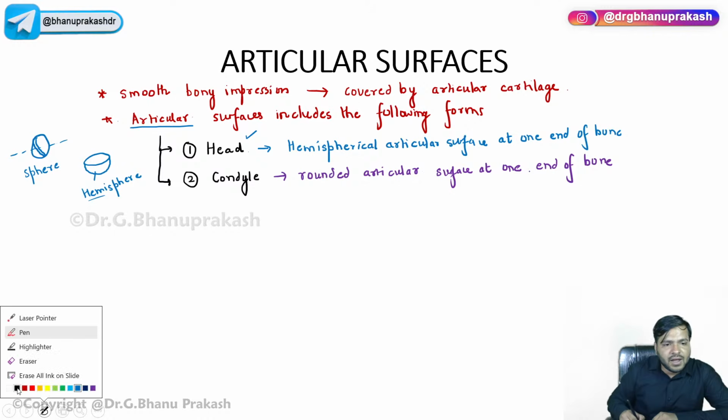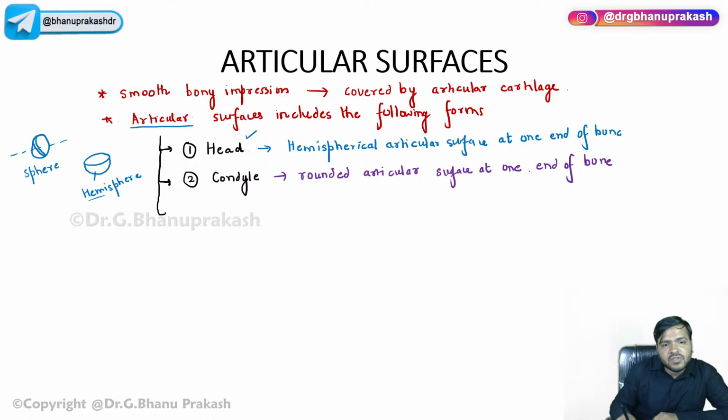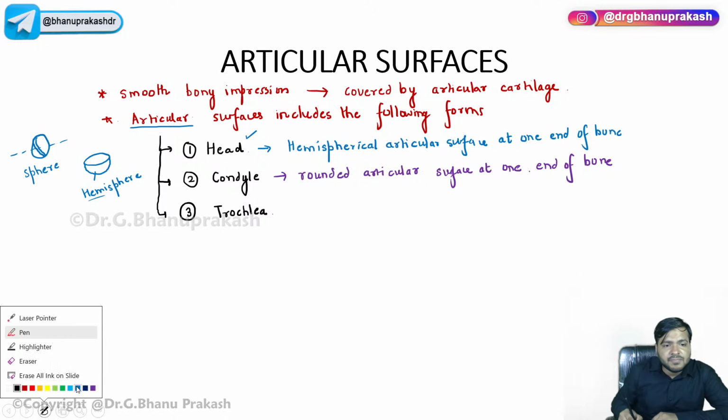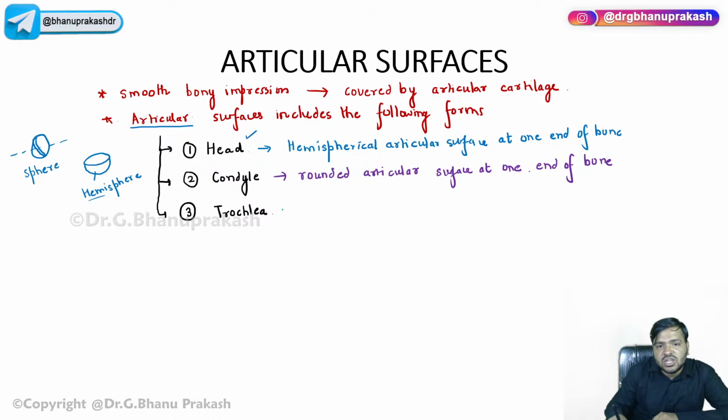The third one is the trochlea. Now trochlea is specifically a pulley shaped articular structure, right?